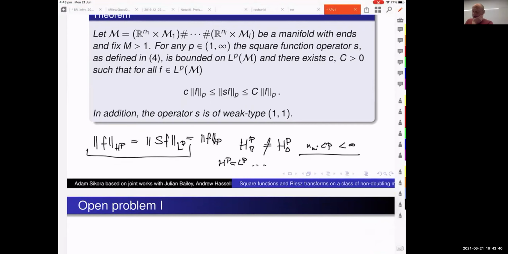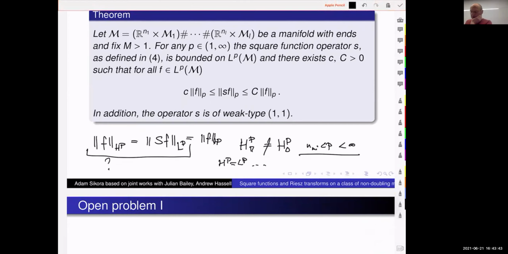So here I don't know if it's true or not. I don't know if the vertical H^1 space is equal to the horizontal H^1 space, right? So those are the things which I don't know here, and which I kind of had in mind when starting this process, but I didn't manage to understand much of this.